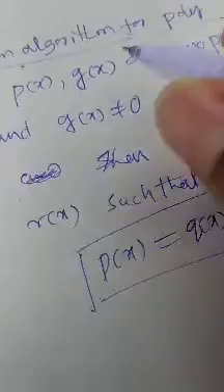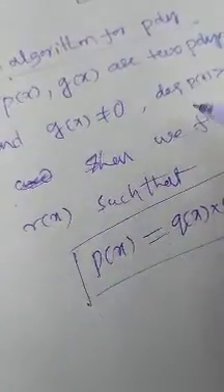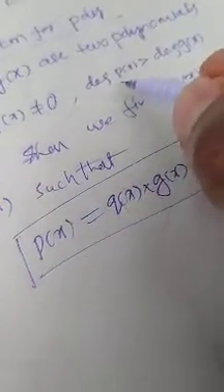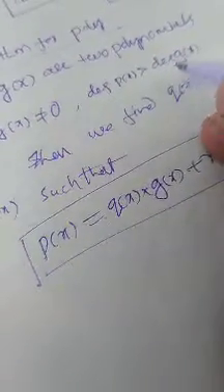How to identify the dividend polynomial? By the degree. If you have two polynomials, the one having the greatest degree is considered the dividend polynomial. The other polynomial is the divisor polynomial.